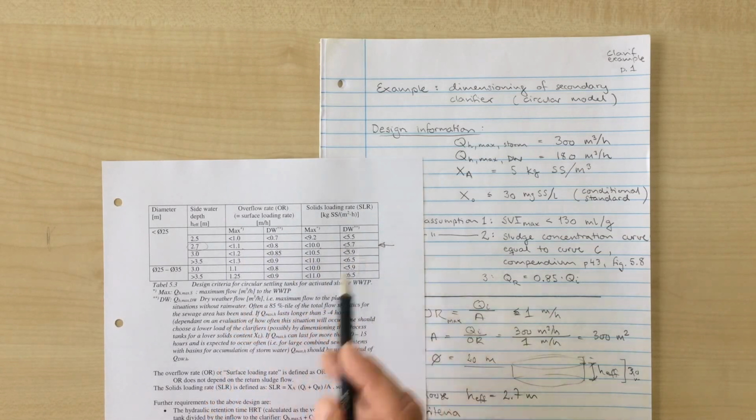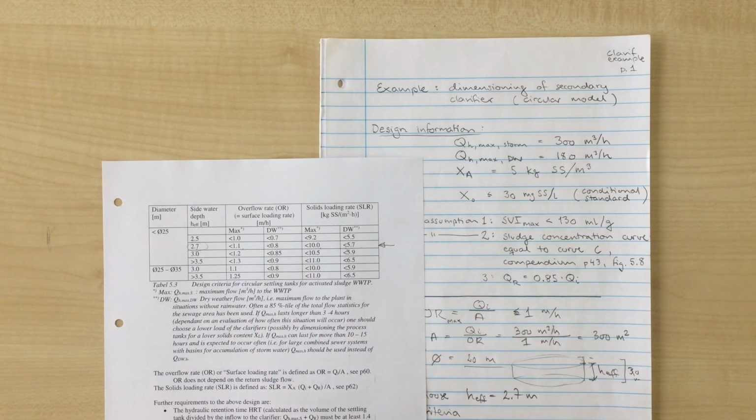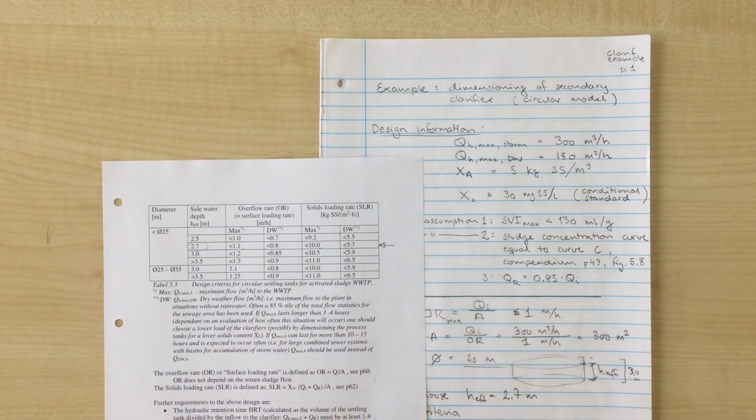Okay, so I have 4 criteria I need to respect, and that means I can calculate 4 different areas that will be the minimum area that could comply with these 4 criteria. So I will do this now.